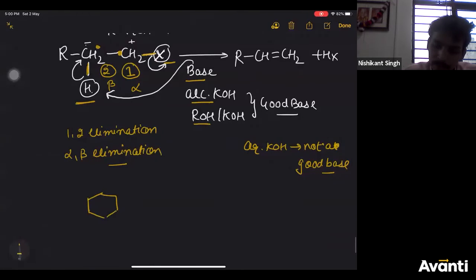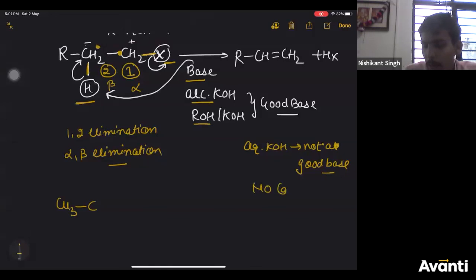If you take Cl, let's not take a cyclic molecule. Let's take something like this, CH3. And another important thing, no carbocation is formed. If there is no carbocation formed, that means there is no rearrangement.